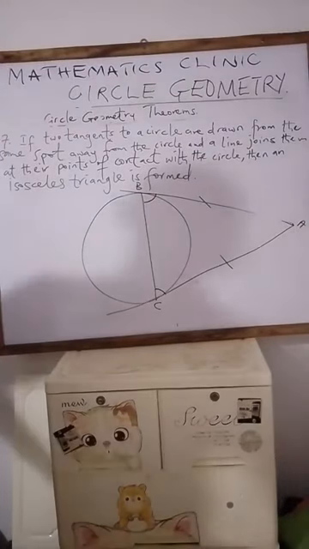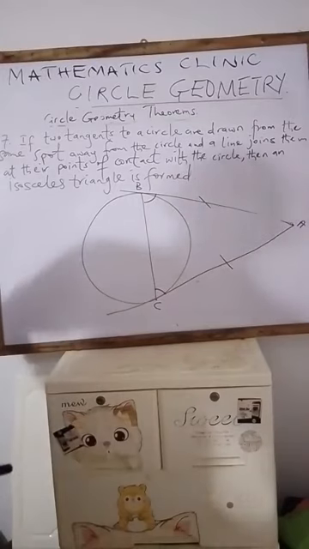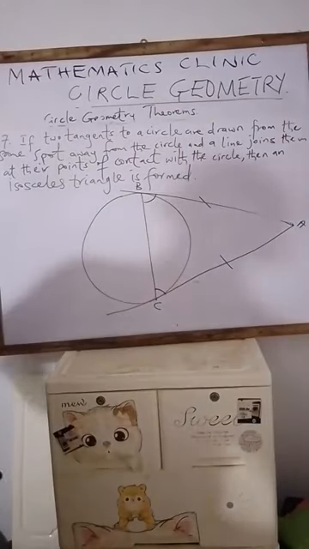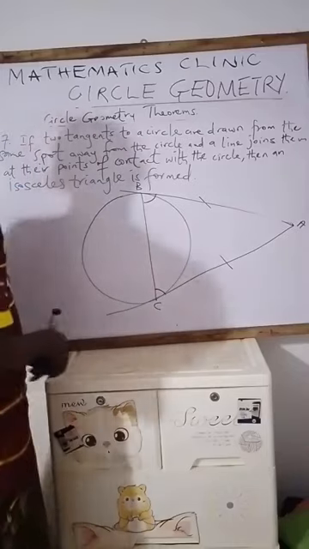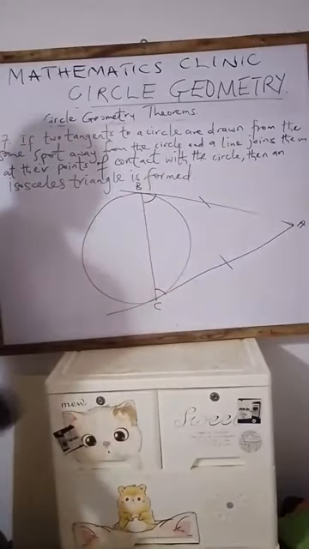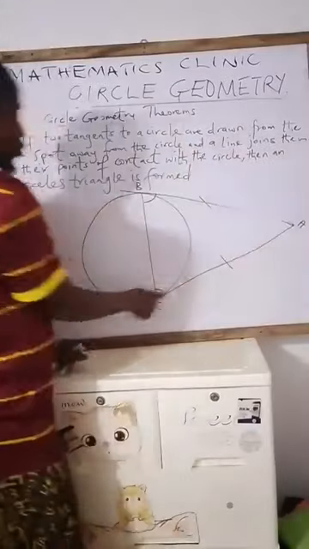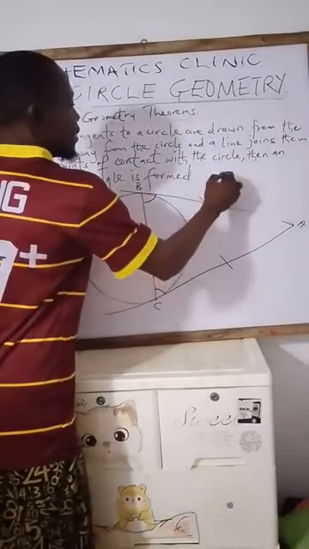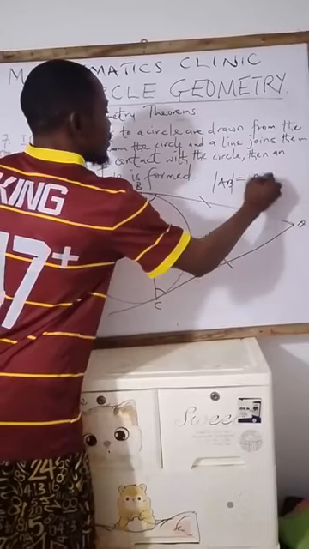If two tangents to a circle are drawn from the same spot away from the circle, and a line joins them at their points of contact with the circle, then an isosceles triangle is formed. That is what the theorem is saying. Meaning, line AB must be equal to line AC.